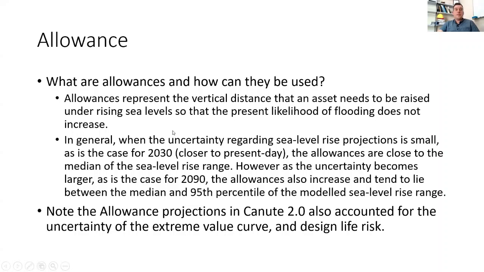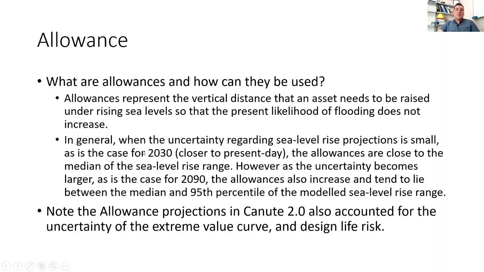So the allowances really take into account the extreme value distribution and the sea level rise to make a best estimate of how much to raise assets to protect them, or to raise coastal defences to protect the assets.